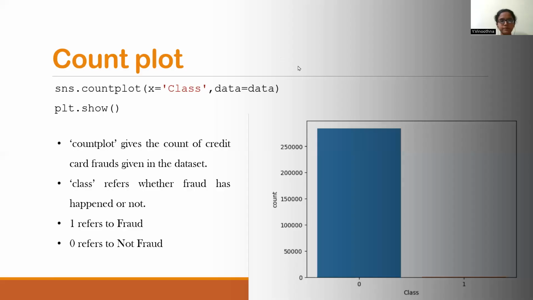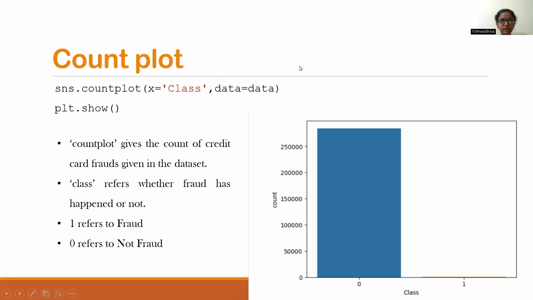And next, the count plot. The count plot can be used to visualize the column values. Here I have used a count plot to visualize the class column and how many values it has. The class column has only two unique values, 0 and 1.